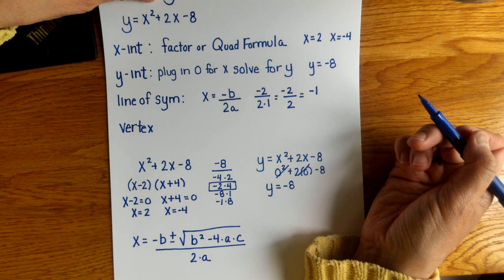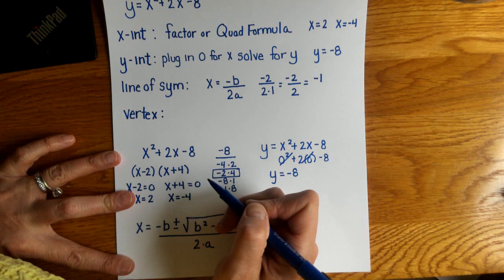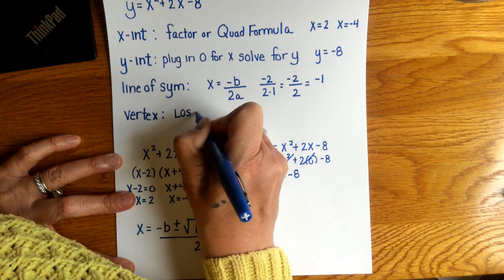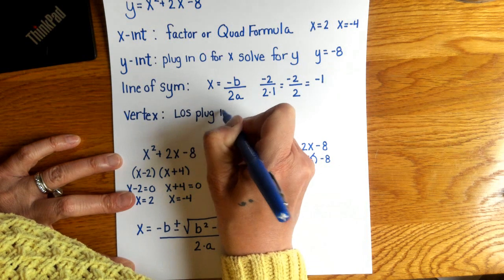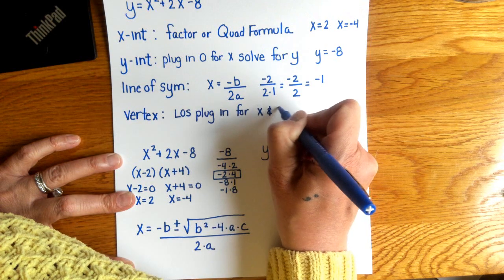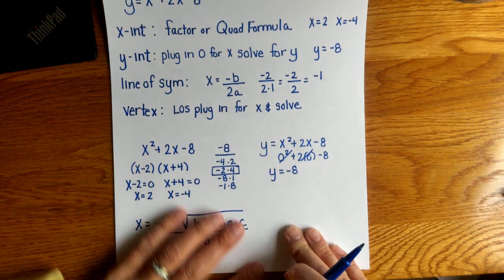Now, if you remember from yesterday, to find the vertex, you take your line of symmetry and you plug it in for x. Take your LOS, plug it in for x, and solve. So negative 1. Let's do that down here.